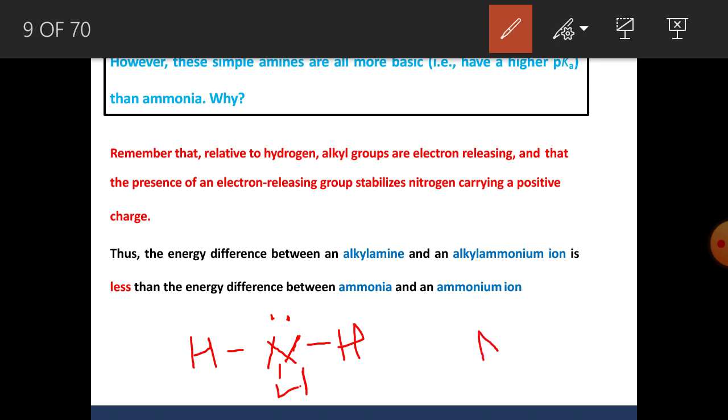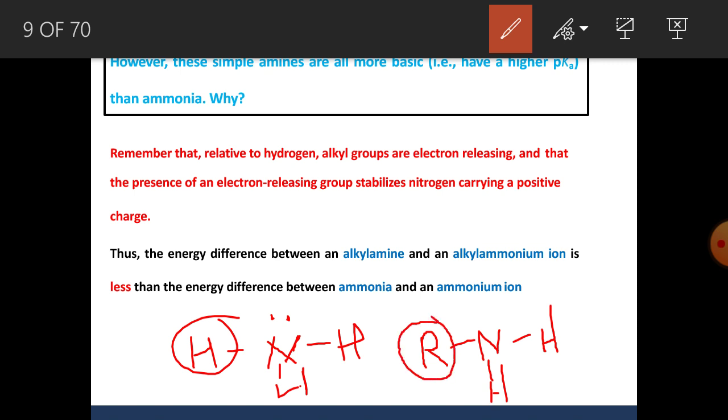But in primary and secondary amines, there are alkyl groups, maybe one, two or three. As compared to hydrogen, this alkyl group has more tendency to donate electrons. So it always pushes electrons towards nitrogen, and that is why it will disperse the positive charge on nitrogen.